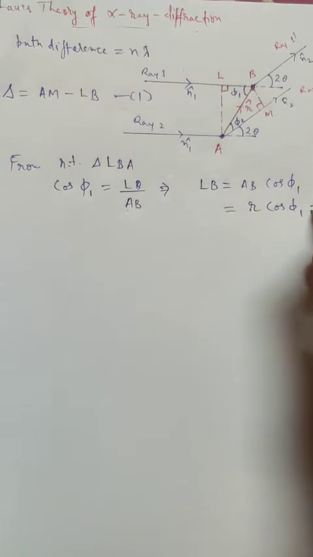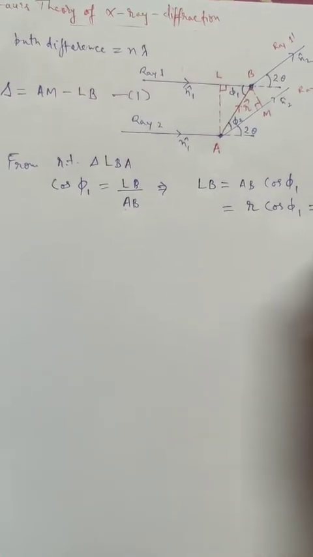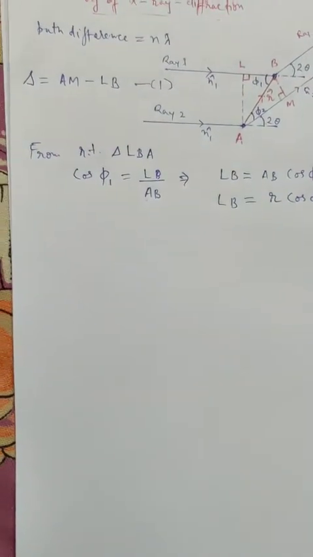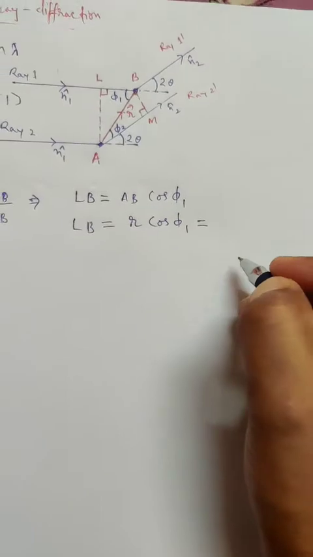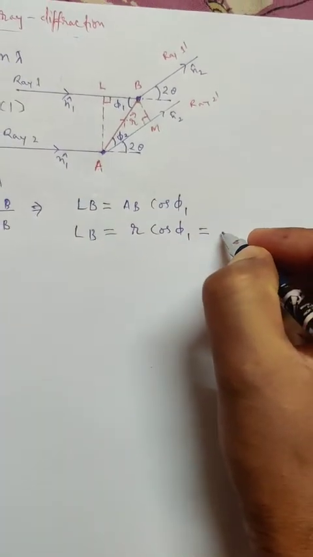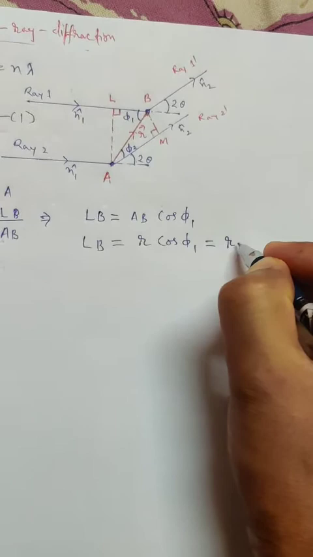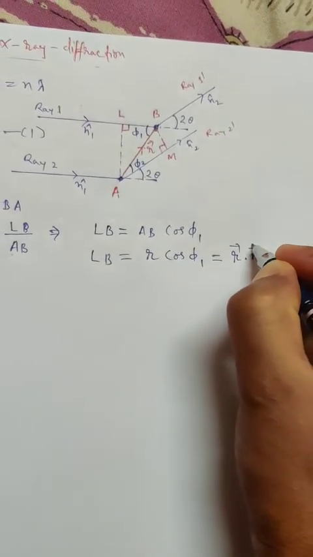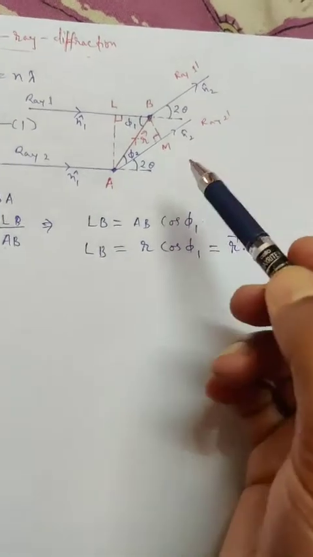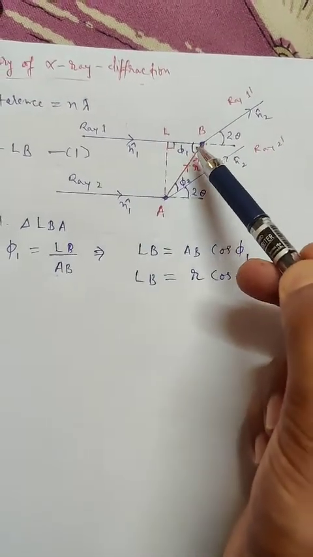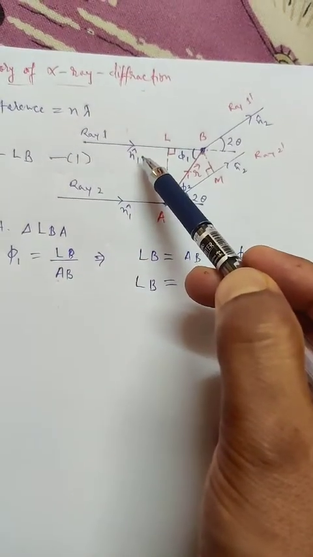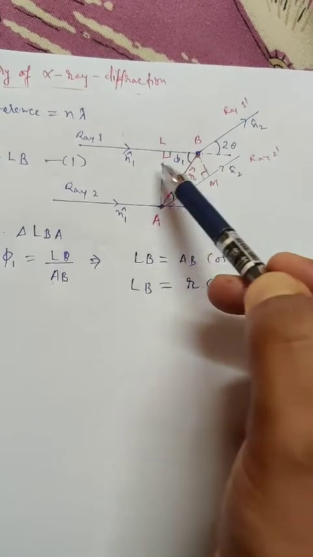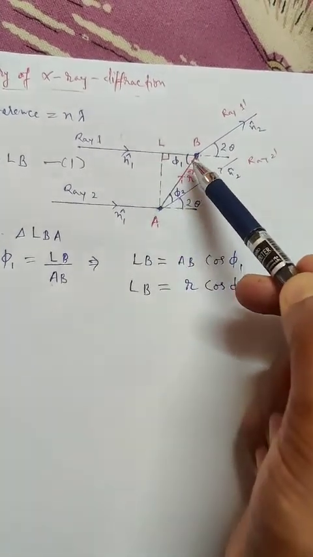AB is R magnitude, times cos phi 1. So you can also say this is the R vector dot n1 unit vector, because this phi 1 is the angle of inclination between n1 and R. The angle between R and the n1 unit vector is phi 1.